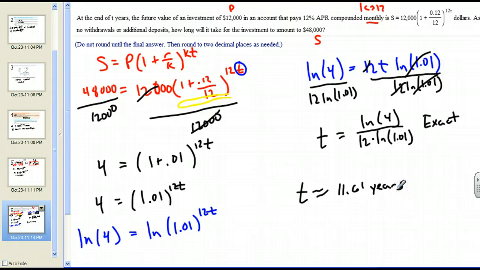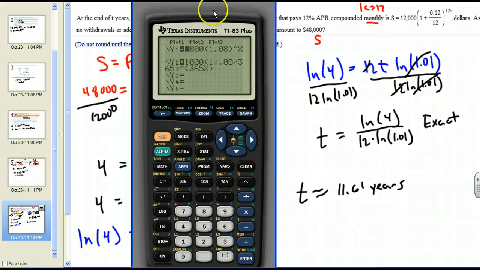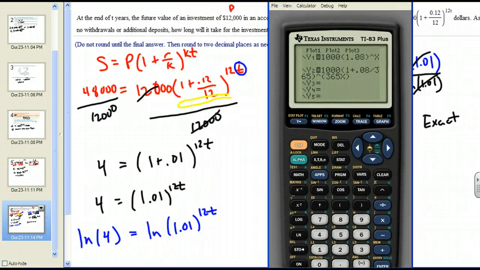Now, a way that if you had no idea how to do this, remember, any equation, if you can set this up, and you should definitely be able to set this up, any equation that you set up can be solved by putting the left side of the equation in y1, the right side of the equation in y2.